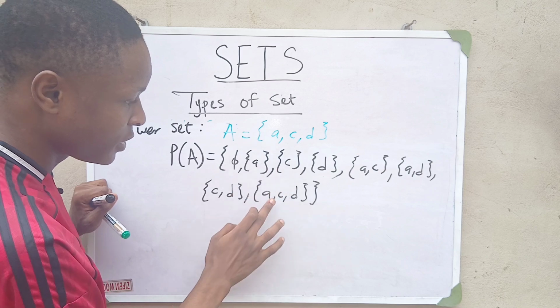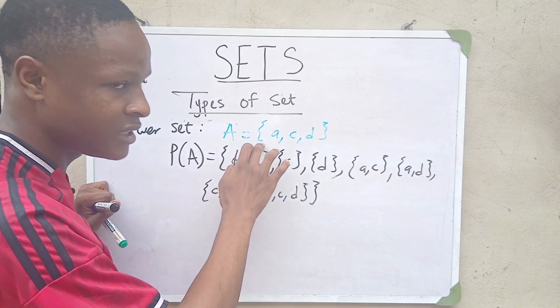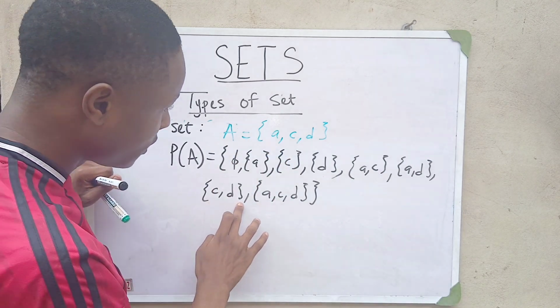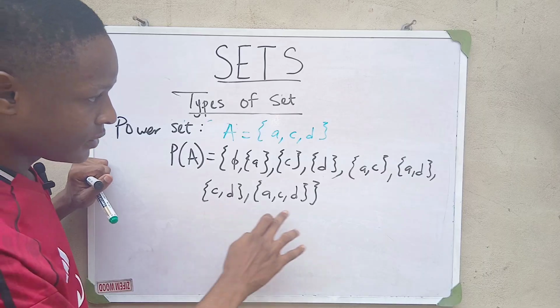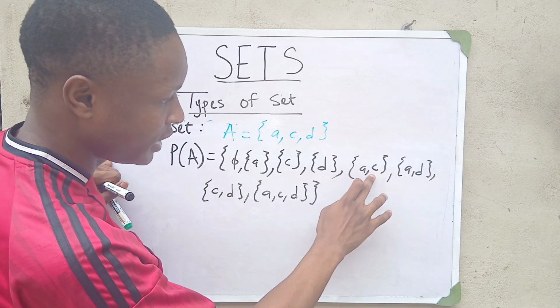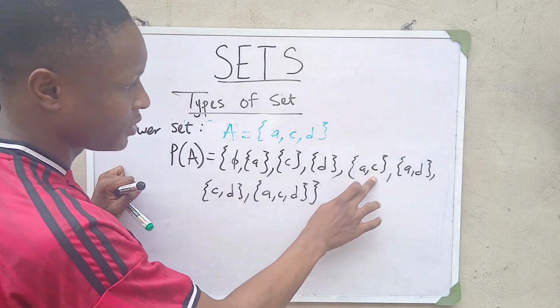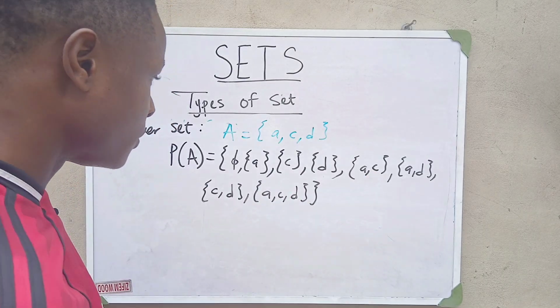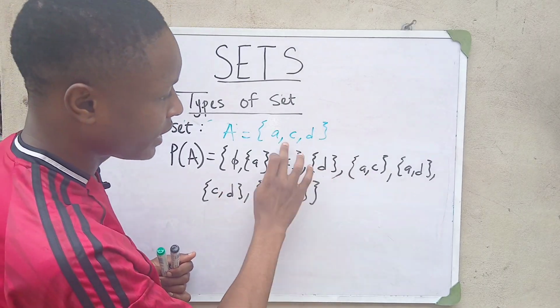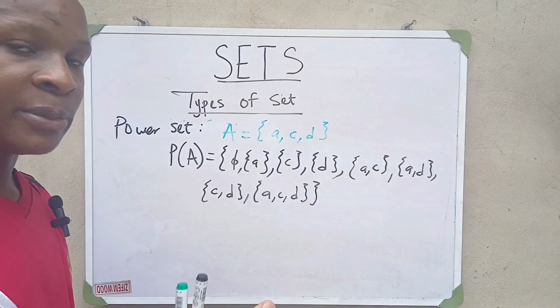So a possible subset of this set is itself. You might be wondering why I didn't write C, A or D, A: because the arrangement of a set does not matter. So these are the possible subsets you can get from this set, and that is the power set.